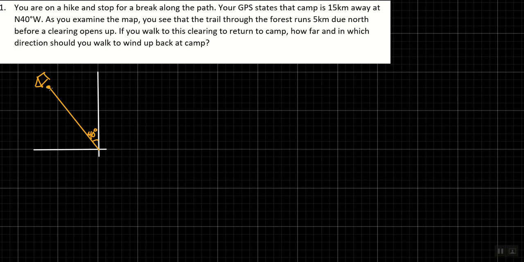Unfortunately, we can't walk straight back. To get back, we're in the middle of the forest. The trail is going to take us which direction and how far? It's going to take me 5 kilometers north. Now, on this picture, where am I standing currently? The origin.